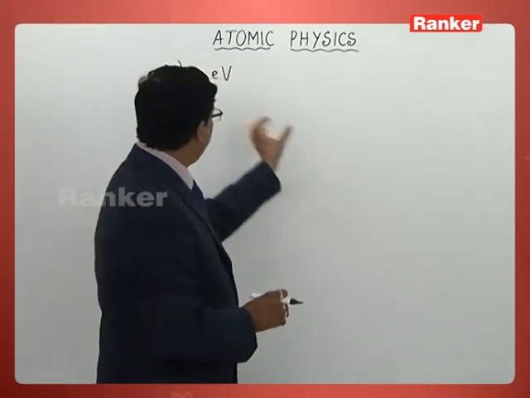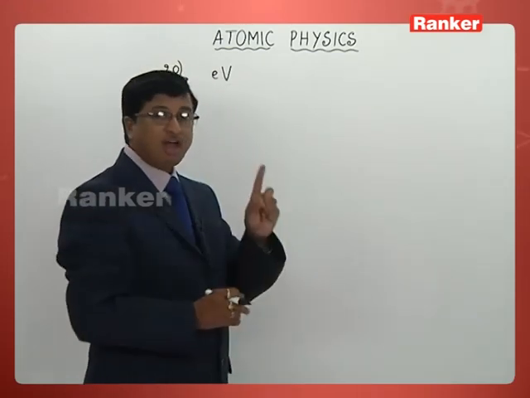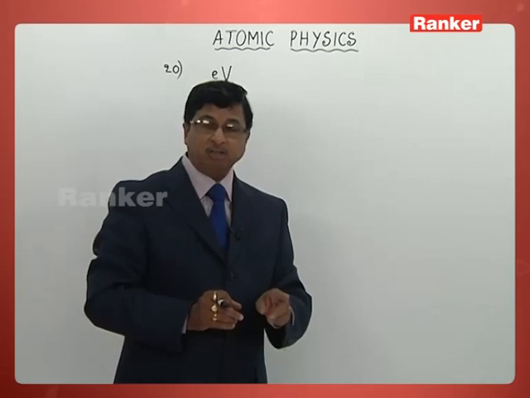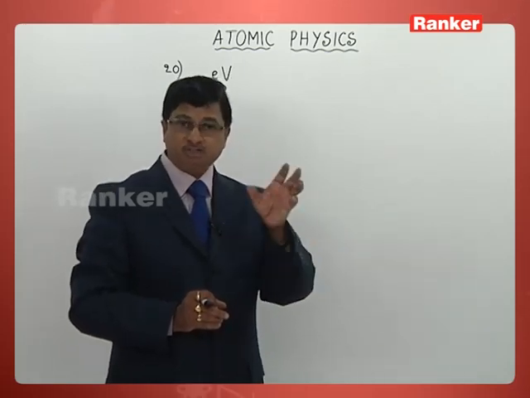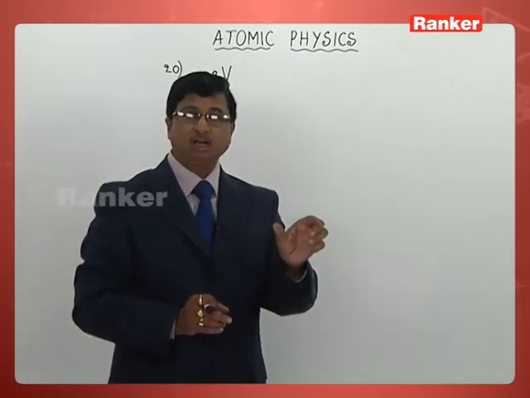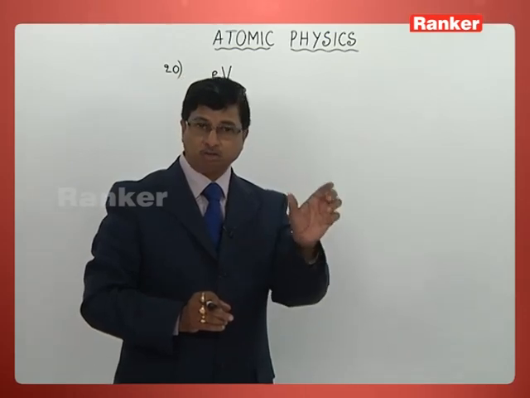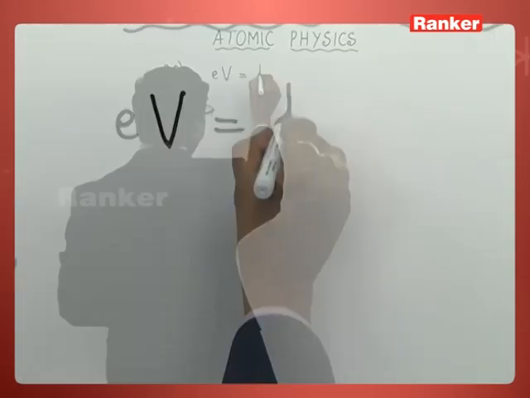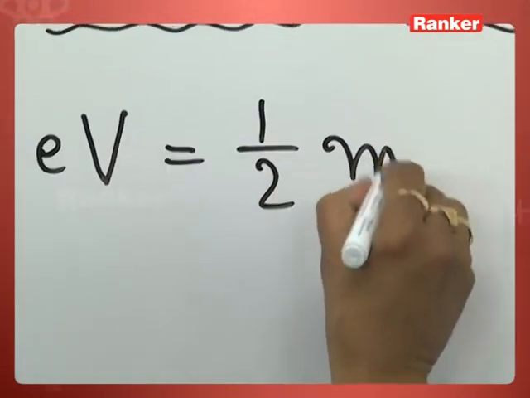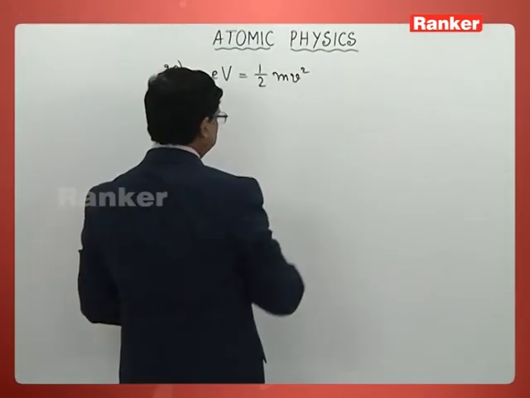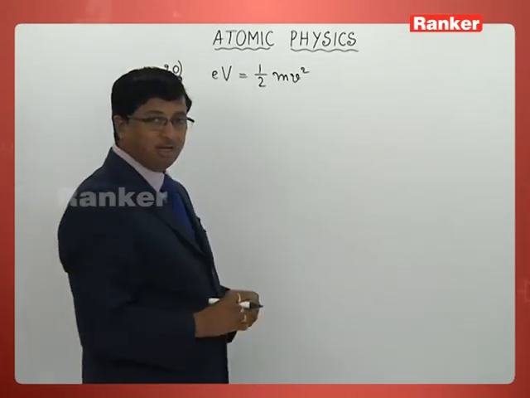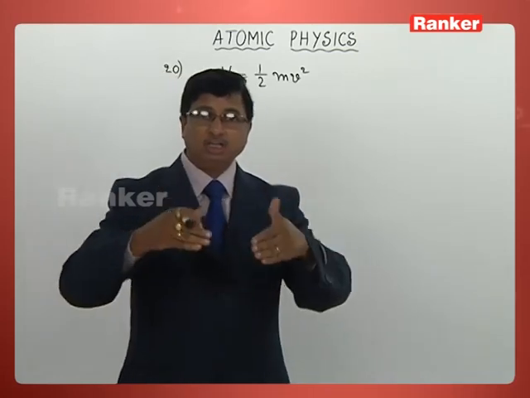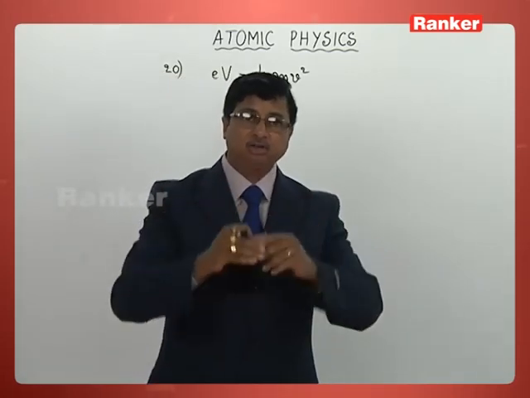So what we should understand, this eV stands for energy gained by the electron when we apply a potential difference V across the terminals of an X-ray tube. This now will be in the form of half mv square. You can all understand well what kind of energy can be produced in the case of that electron.